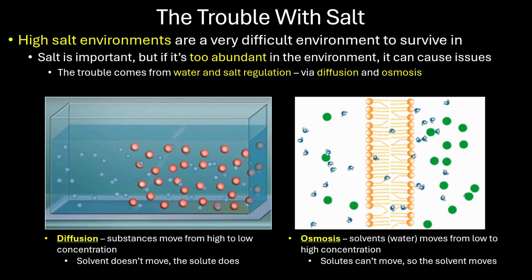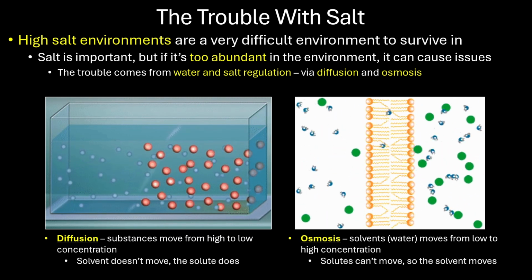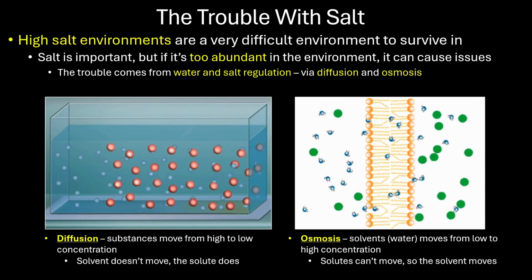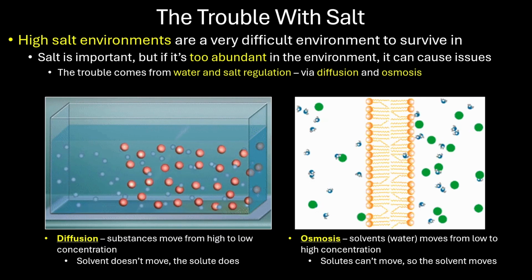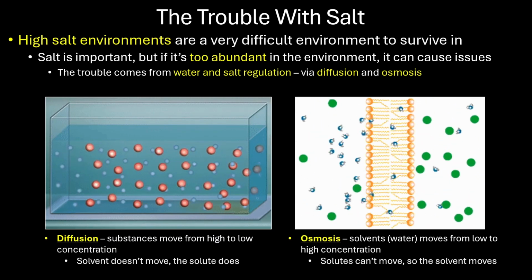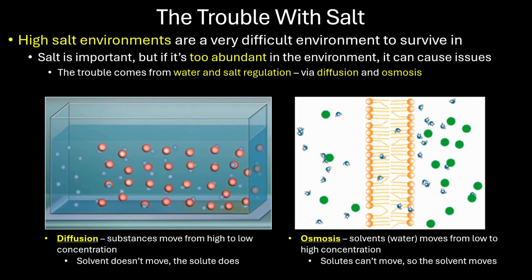Charged particles and big things like glucose molecules, they're not moving that way. Ions are not moving that way. But water molecules can squeeze through the spaces that exist within these membranes.